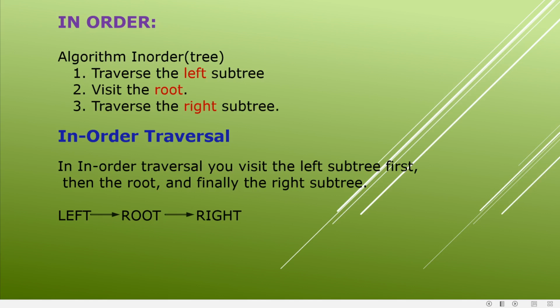Inorder traversal first traverses the left subtree, then visits the root node, then traverses the right subtree. That's why left, root, right.